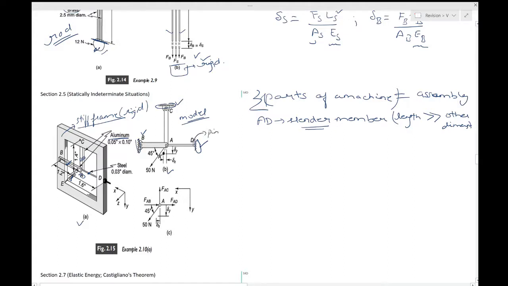This is an approximation because it's not actually told in the question which kind of joint is there on D. It's an approximation to take this as a pin because it's a slender member, and any rotational restraint offered by the nut and the washer will be negligible.